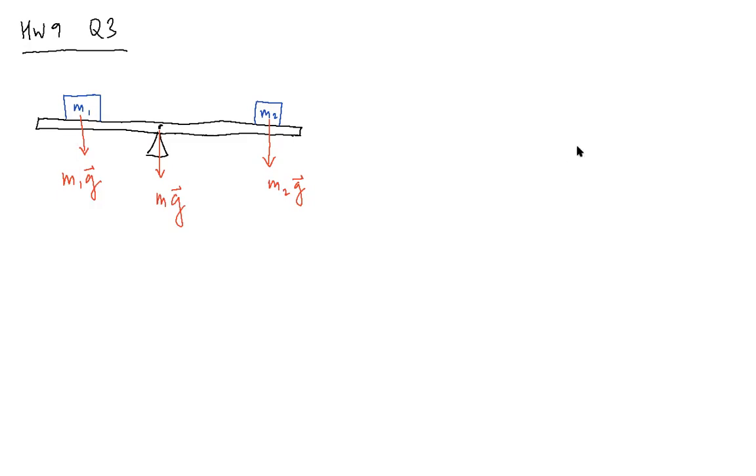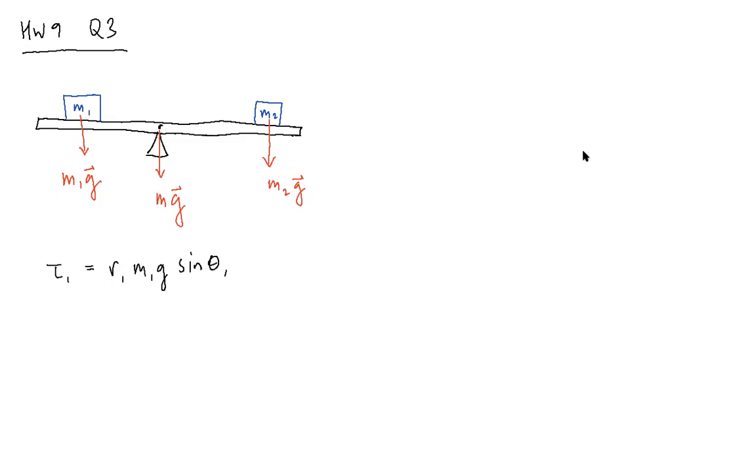We can call that torque number one, so that's tau 1. That's going to be R1 times m1g times the sine of theta 1.